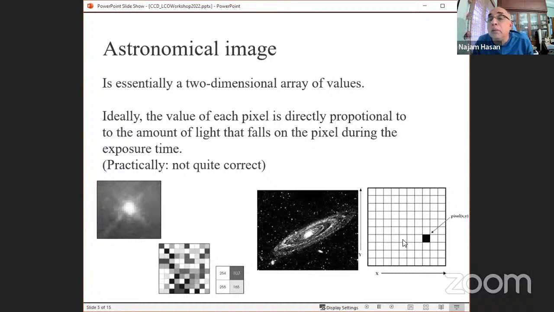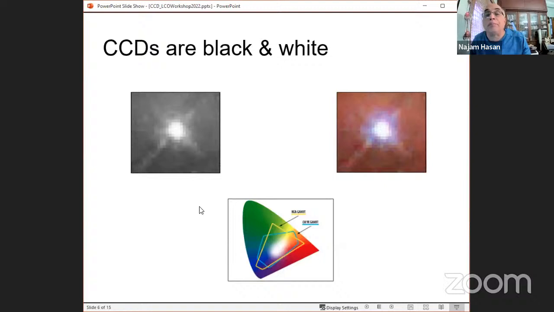There may be thermal background which gets recorded. So it's not just the light coming from your object, but there are other light and other currents which get recorded. So though we say each pixel records light falling on it during the exposure time, it is not quite correct, right? And we'll understand as we go further ahead. And we'll come to this again later.